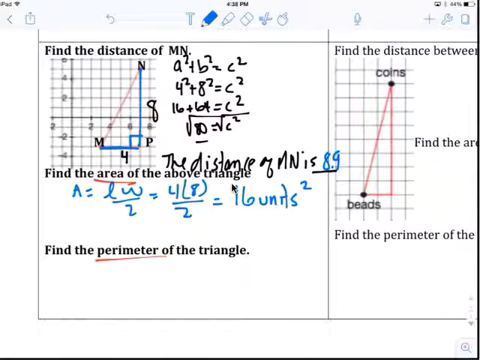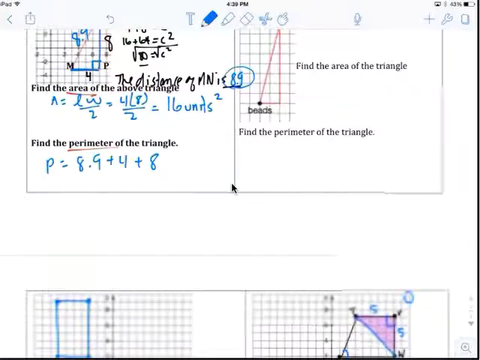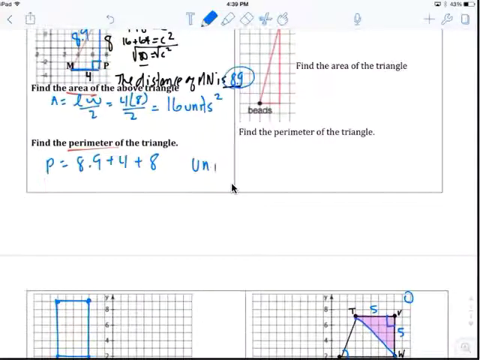Perimeter, you add all sides, add them all up. I'm not sure, I don't have a calculator for this, so it's either 8.8 or 8.9. 8.9 plus 4 plus 8, so that's 20.9. Make sure you put units at the end.